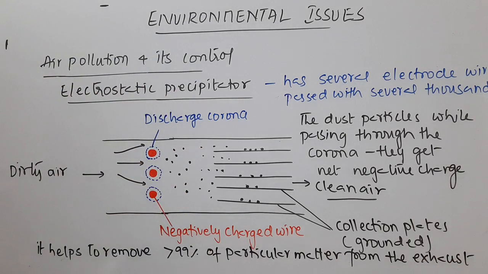I told you this can be used in thermal power plants. You need to fit this in the smokestack, from where the smoke comes out, and this helps to remove more than 99% of particulate matter from whatever the exhaust is.